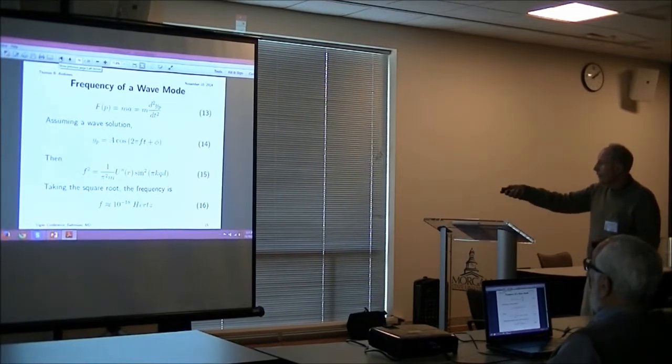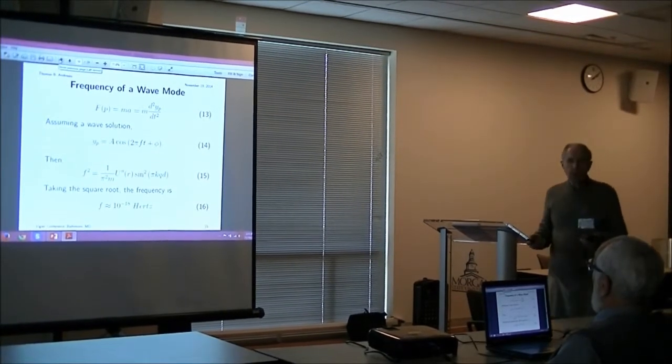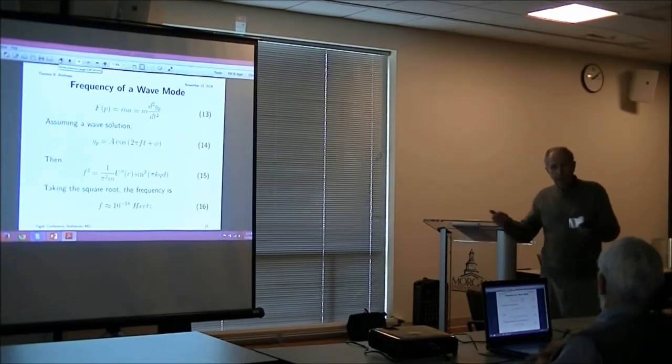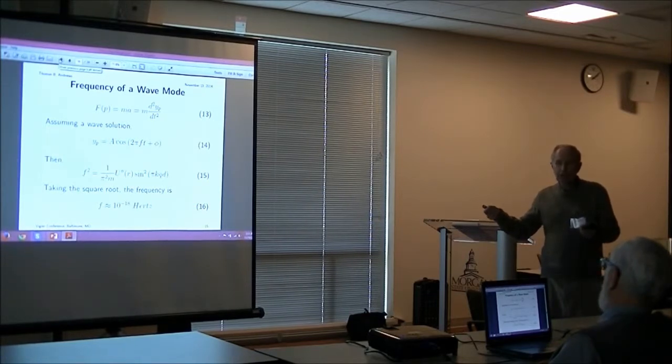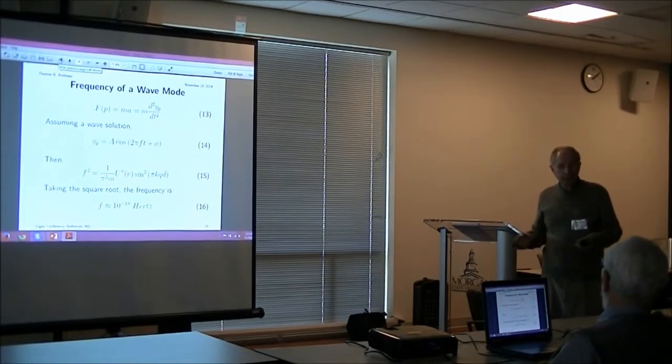Now I get a frequency of 10 to the minus 18 hertz. This is an underlying vibration in the universe with a wavelength the length of the universe, or the mean size of the universe. The interesting thing here is 10 to the 80th of these vibrations, 10 to the 80th modes.